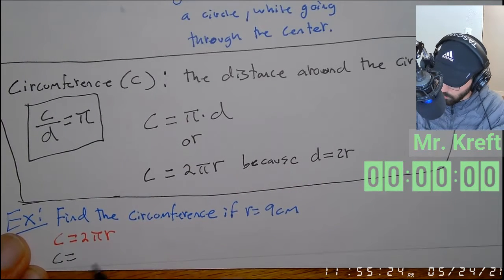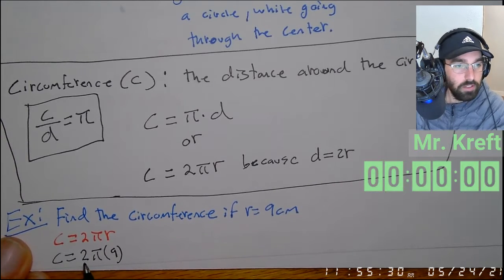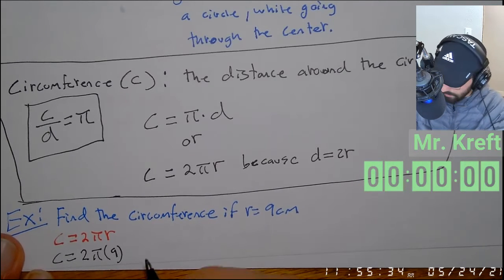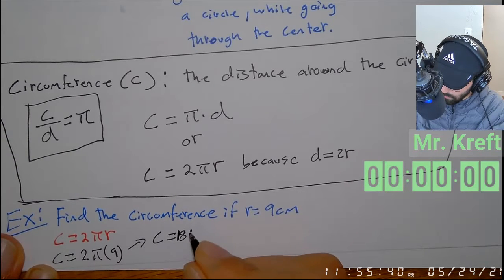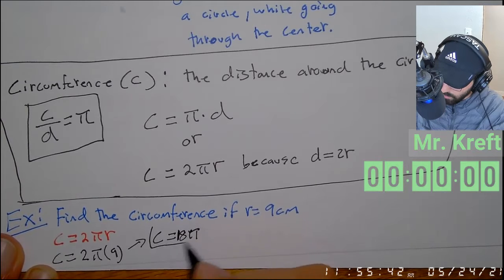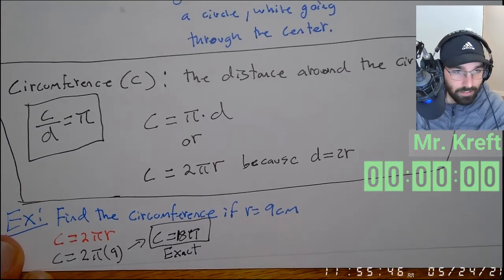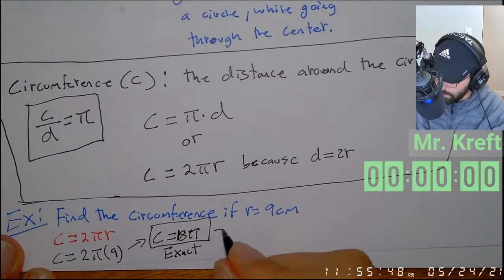So I'm going to have circumference equals 2 pi times 9. So all we have to do here for the exact answer is what's 2 times 9? Well, 2 times 9 is 18. So I get circumference equals 18 pi. So this is our exact.